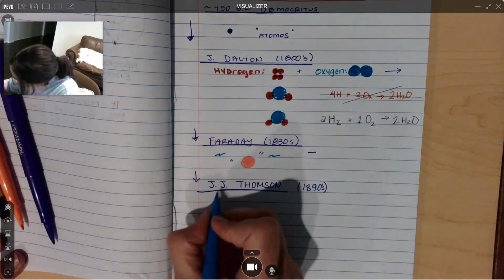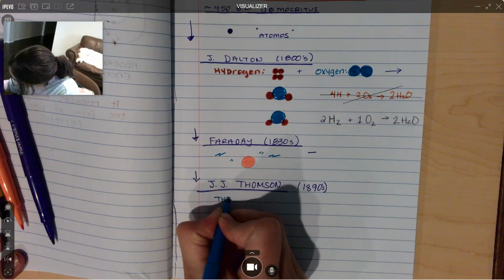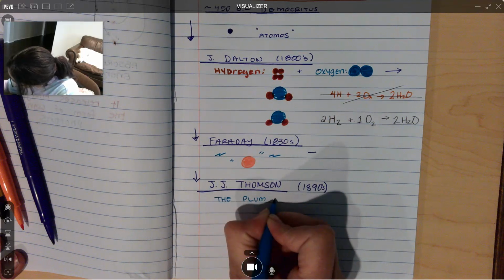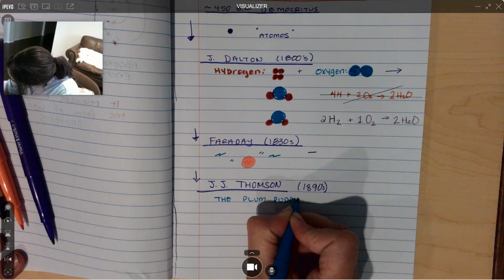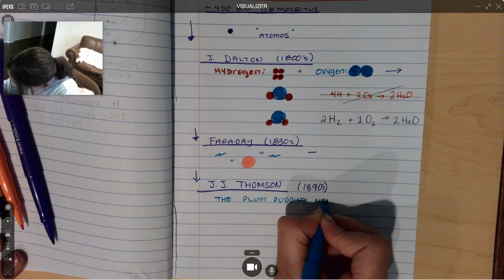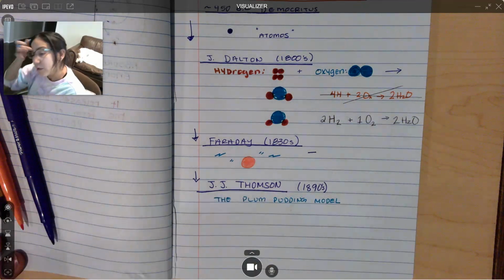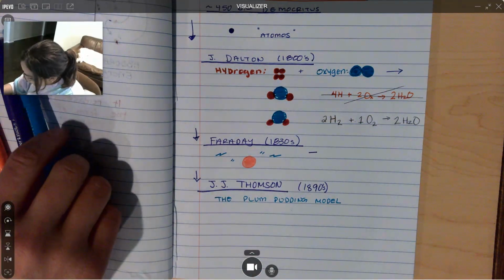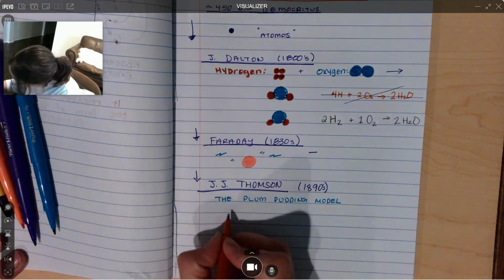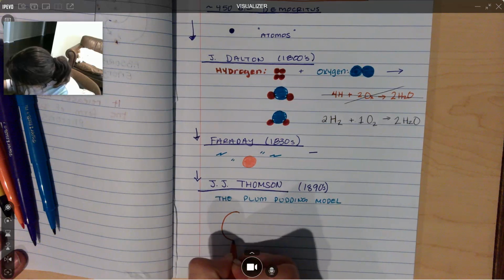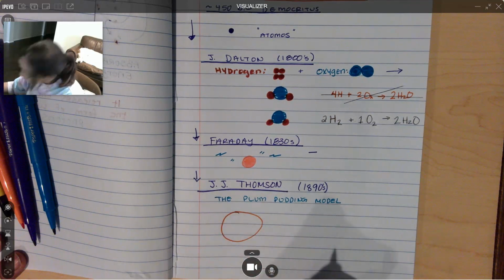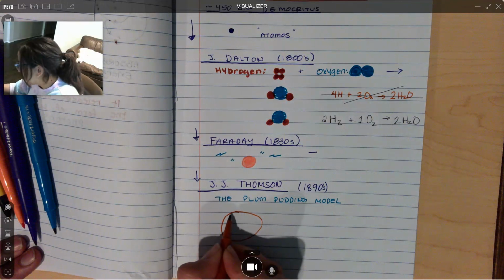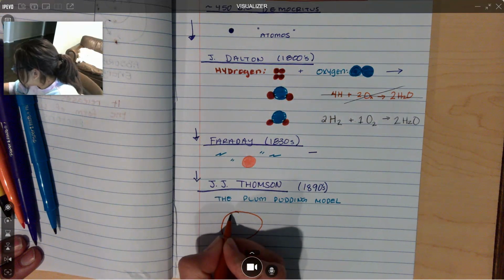So that's actually right, the plum pudding model, and that was actually the name of the model. He basically said that an atom has a positive inside. So I'm going to say all of this is positive.